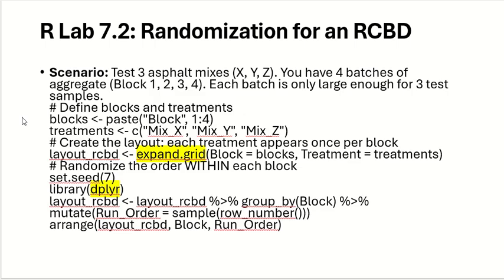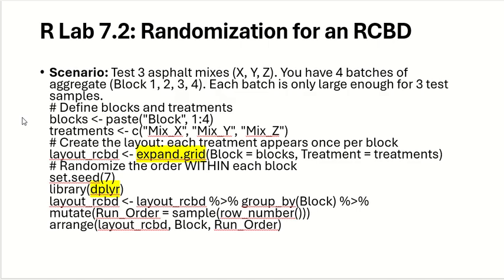Because, okay, this is X number 2, this is X number 3, this is X. Each batch is only large enough for 3 test samples. Each block, 3 samples.